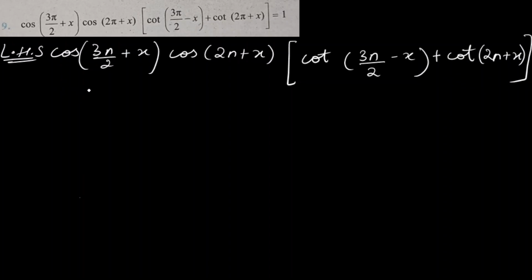Now 3 pi by 2 is not a standard angle, but I have told you a way how to convert this into a standard angle. So 3 pi by 2, how to convert into standard angle.